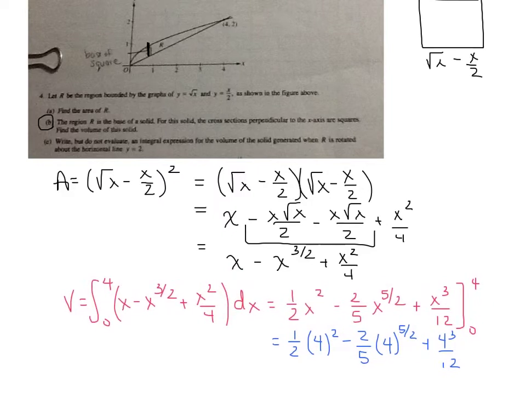So at this point we're going to simplify a little bit, and we get 8 minus 64 fifths. To get that, I did the square root of 4, which is 2, to the 5th power is 32, times 2 is 64, plus 64 over 12.